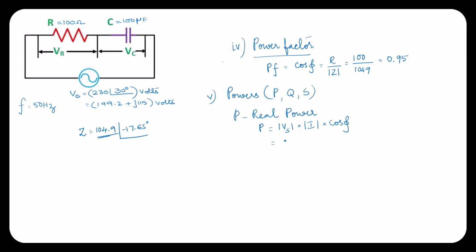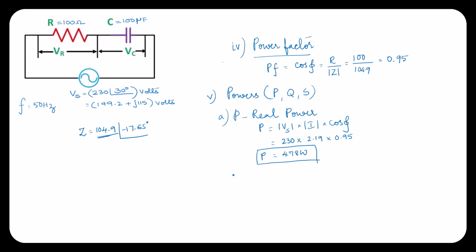The magnitude of Vs, the supply voltage, is 230, into the current magnitude from the calculation, which is 2.19, into cos phi, which is 0.95. So the answer will be 478 watts. Watts is the unit for real power.